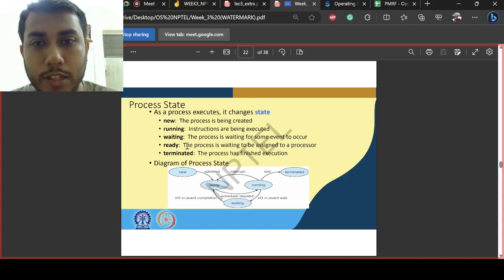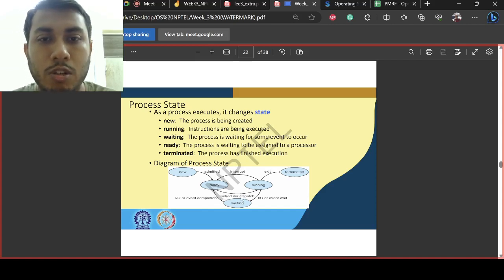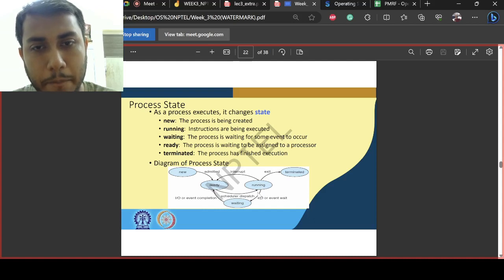So here is your process state diagram. First a new process is created, and once it is created, it is admitted into this ready pool. Now a scheduler schedules this to the running state.